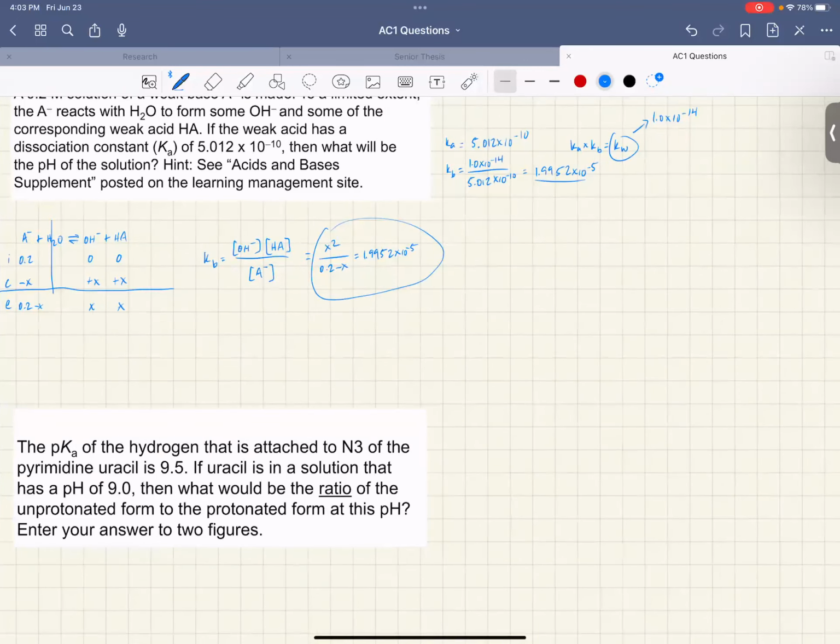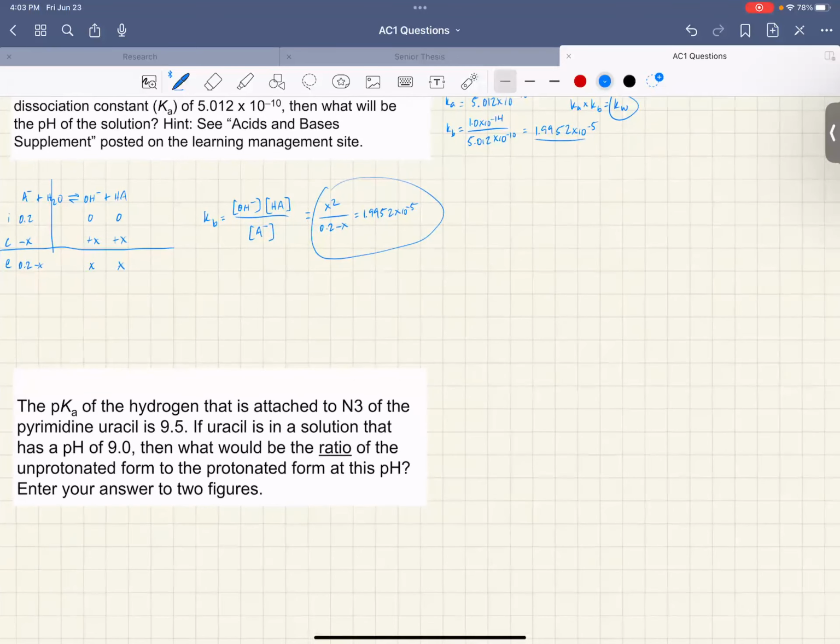And if we solve this, what we'll get is that X is going to be equal to 1.997 times 10 to the negative 3rd, which is going to be equal to the concentration of our OH minus.